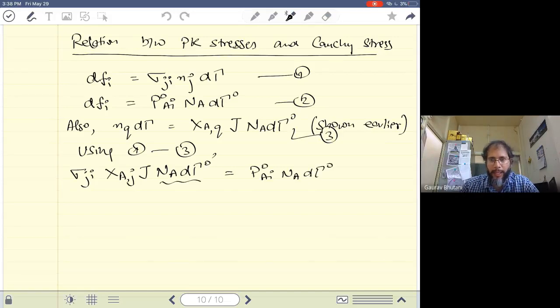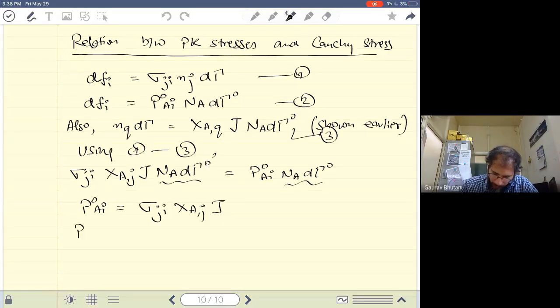So now we see that N_a times d gamma_0 is the same. You can subtract the two, and we know that N_a times d gamma_0 is not equal to 0 because the area is not 0, and neither is the unit normal. So what ultimately we have is P_0 a_i is equal to sigma_ji x_a,j times Jacobian, or if we simply post multiply by the inverse of x_a,j, what we get is P_0 a_i small x_j,a.